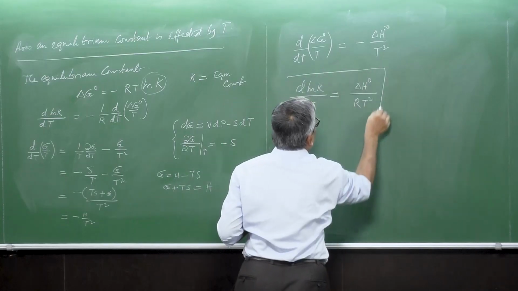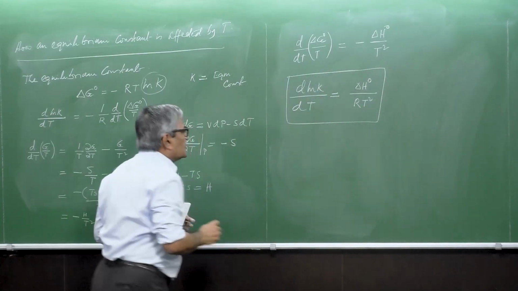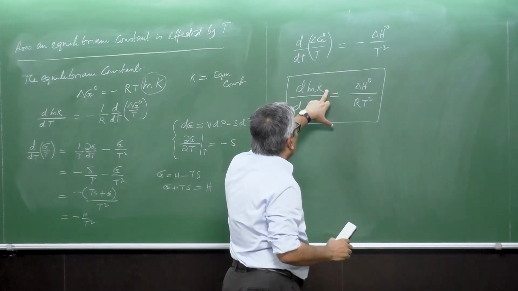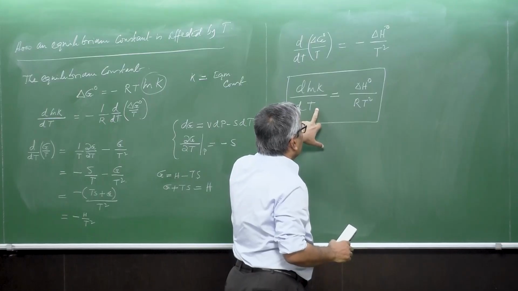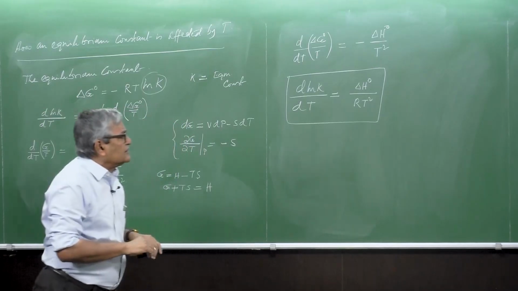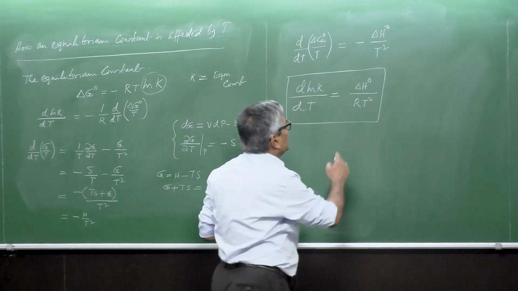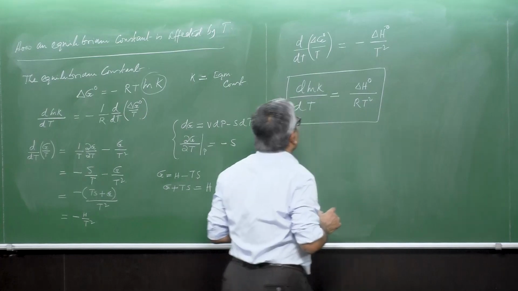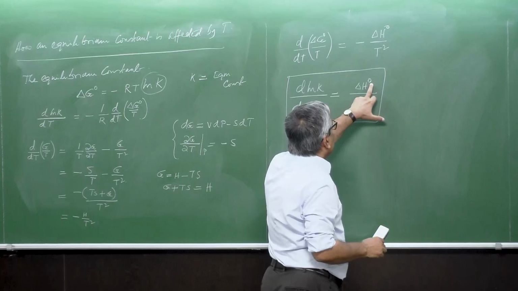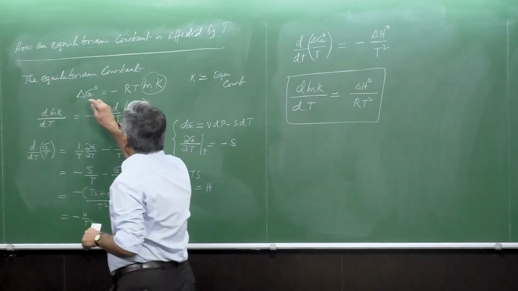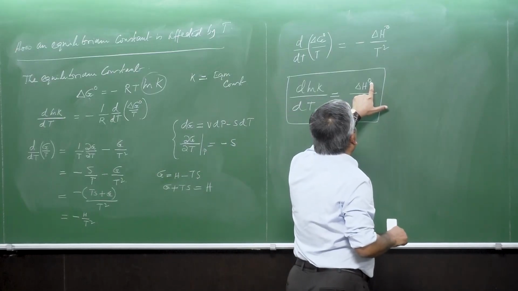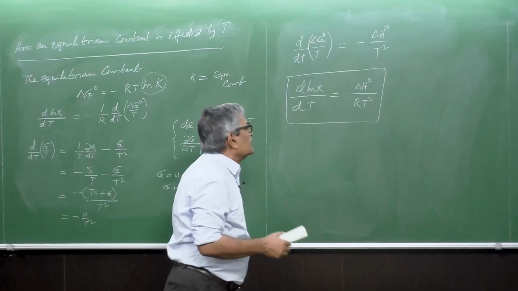This is the basic equation by which we can understand how the chemical equilibrium constant changes with temperature, and that depends on your delta H. Delta H is the enthalpy change in the standard state. The 0 is assigned for the equilibrium values that we know, like delta G0.